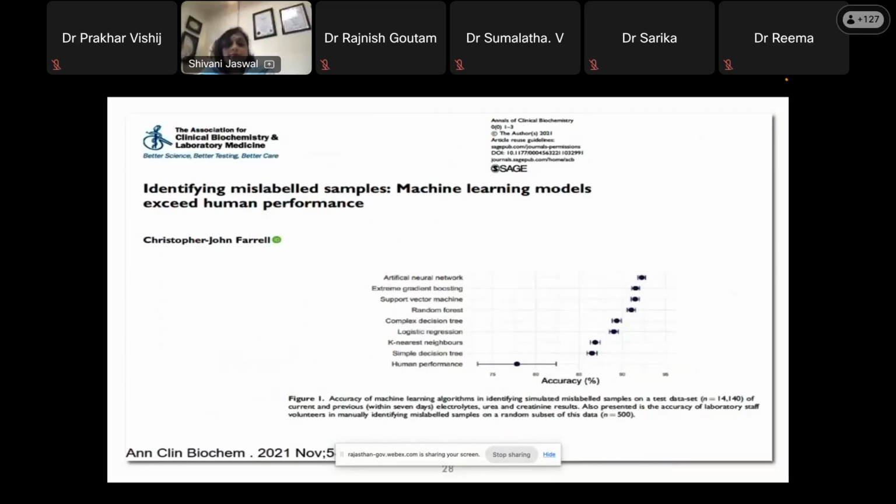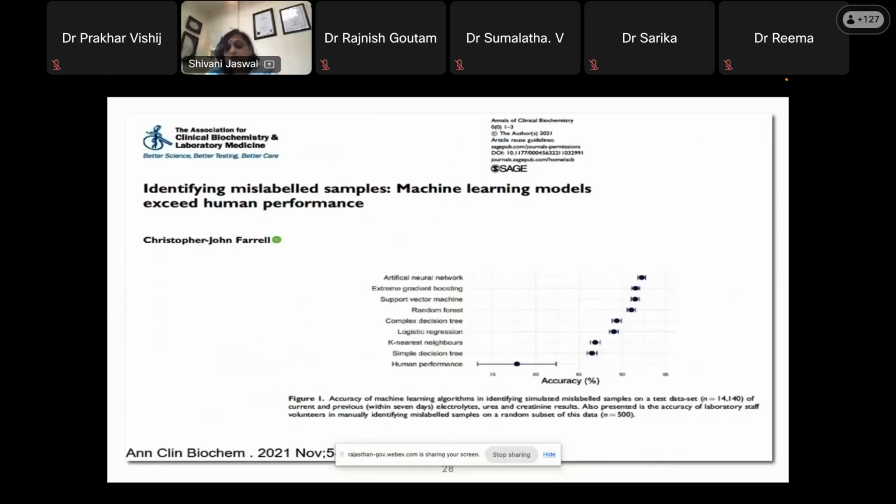So this is a paper published in the Annals of Clinical Biochemistry, and this paper discussed the use of a machine learning model to identify mislabeled samples, and this identification was found to be much better than the human performance.